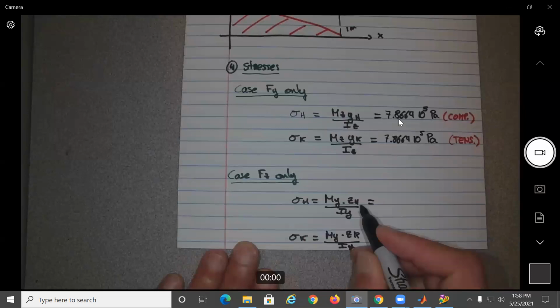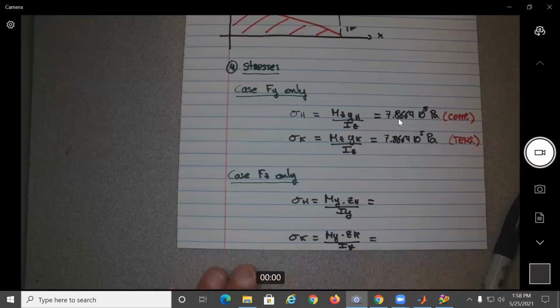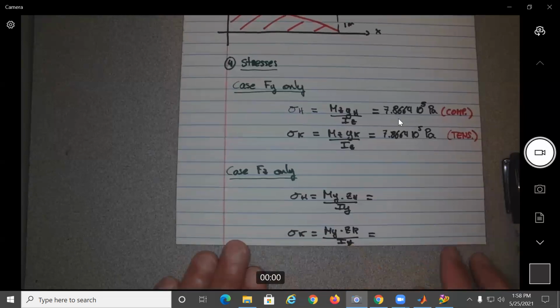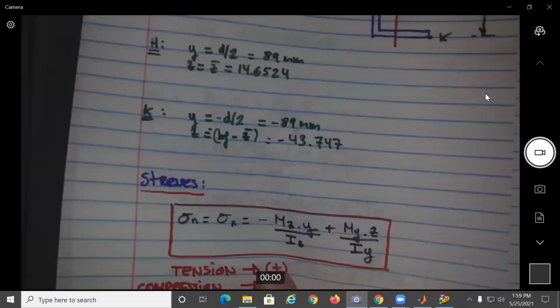The values of Z_H and Z_K we found last time, okay? So we don't need to put them. Those values were given in this page over here.